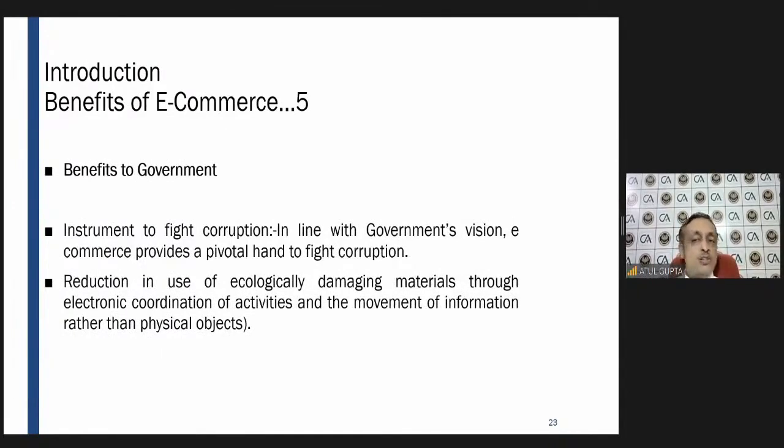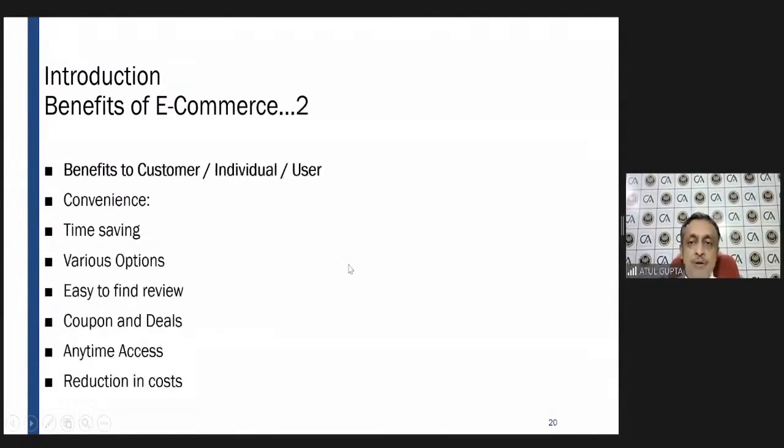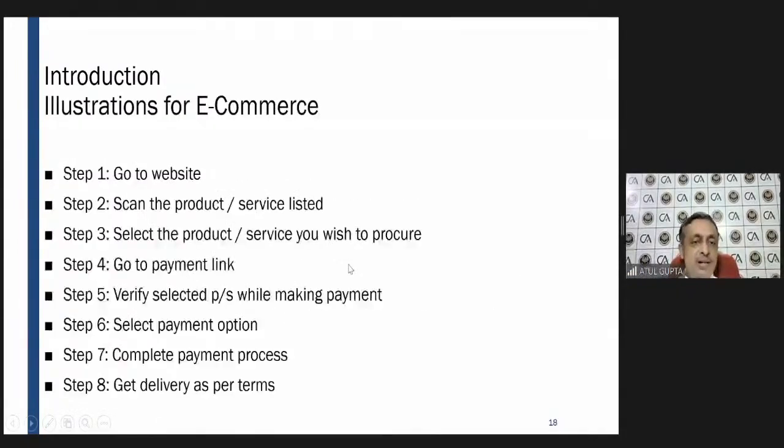No, the step that you will be changing, step 4, that was the payment link. So in this case, you're not going to go to the payment link. You will say cash on delivery. That will be there. Step 7, let me just check because many of you have said step 7.